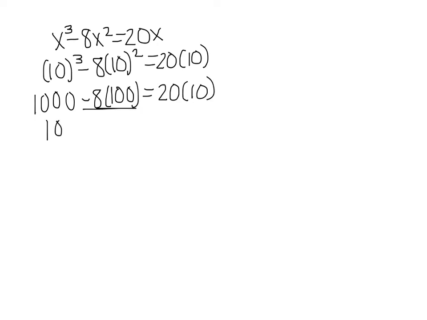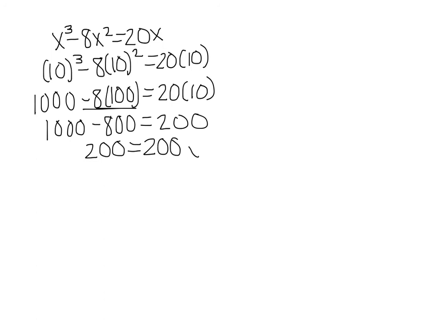Negative 8 times 100 is negative 800. And 20 times 10 is 200. 1,000 minus 800 is 200 equals 200. So that one checks out as well.